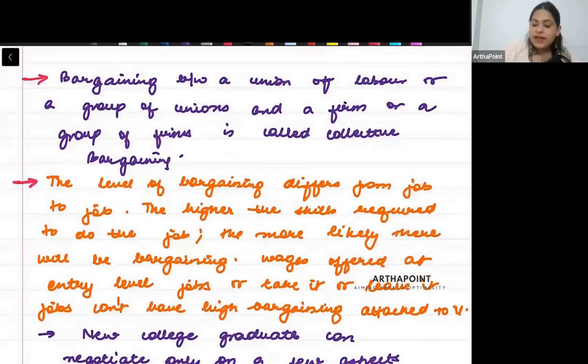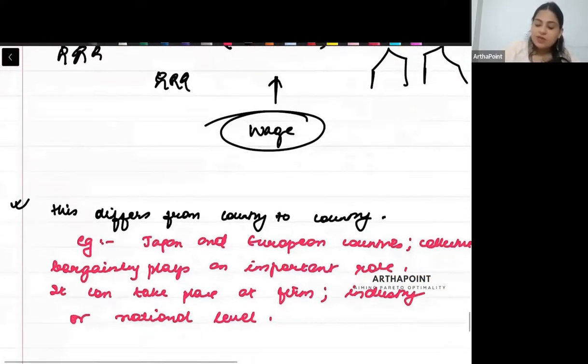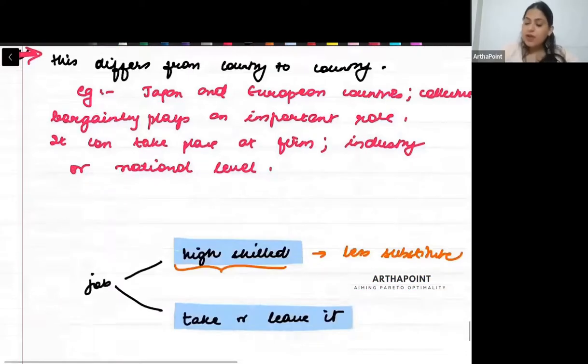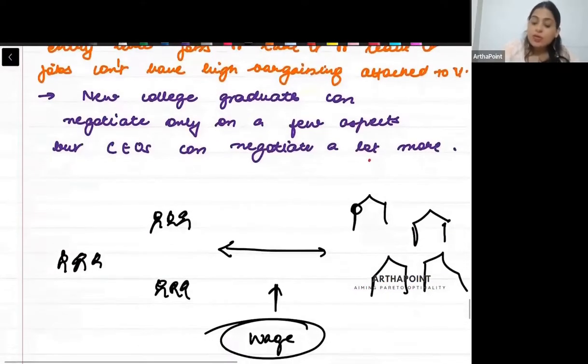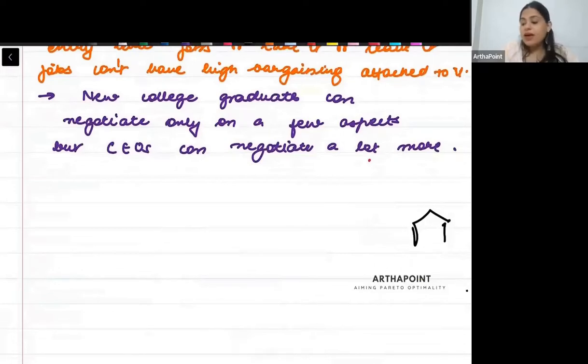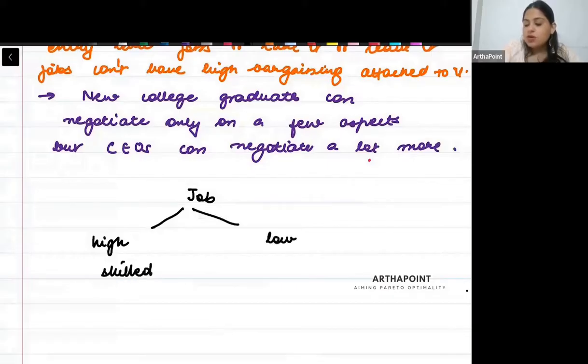Then we wrote that bargaining differs from job to job. Then we wrote that bargaining differs from country to country. ये हमने लिखा. इसमें जब हमने job to job वाला point डाला, अगर उसी में if you make a diagram, marks ऐसे हैं. So you have to understand how to write the answer. So यहाँ पर हमने एक diagram बना दिया that there is a job which can be high skilled and a job which is low skilled.